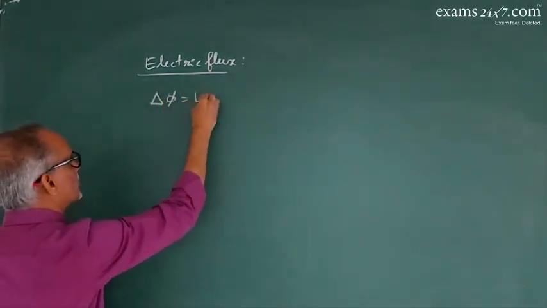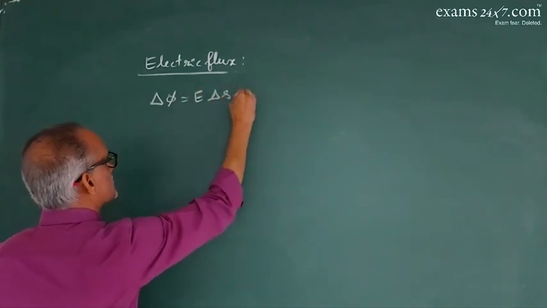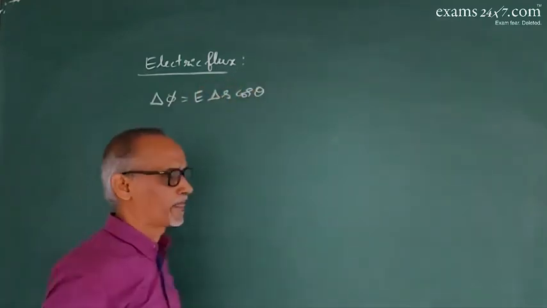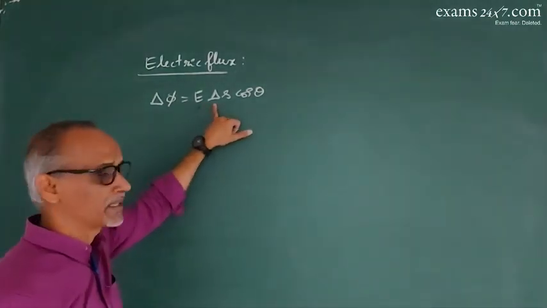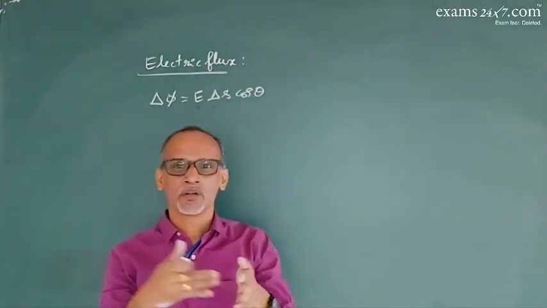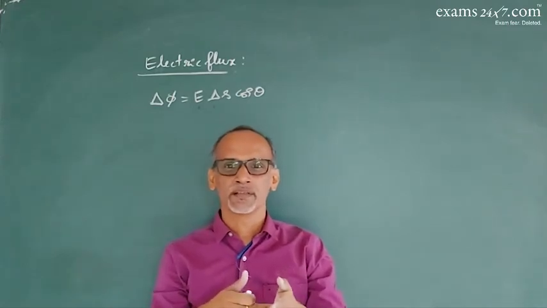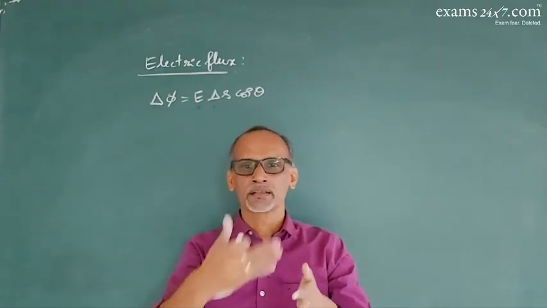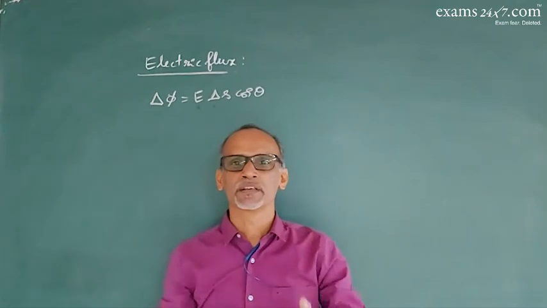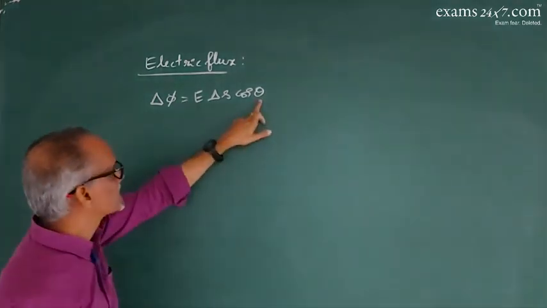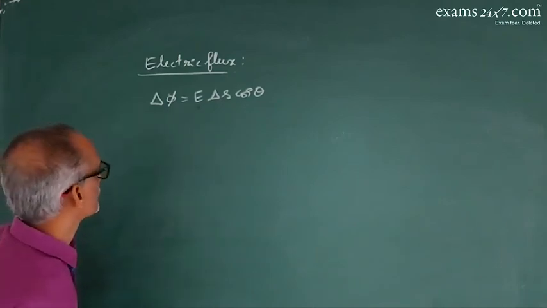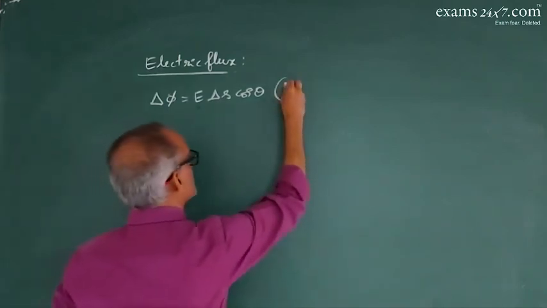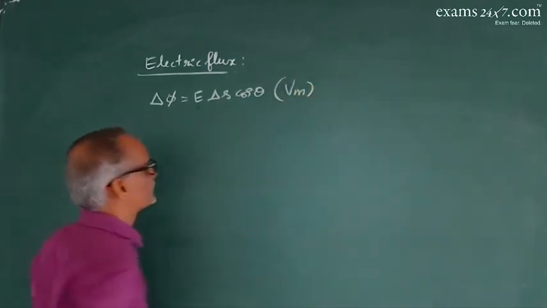Δφ = E ΔS cos θ, where E is the electric field and ΔS is the area vector, which is always normal to the surface of the area which we consider. θ is the angle between the electric field and the area vector, and it's measured in the SI unit volt meter.